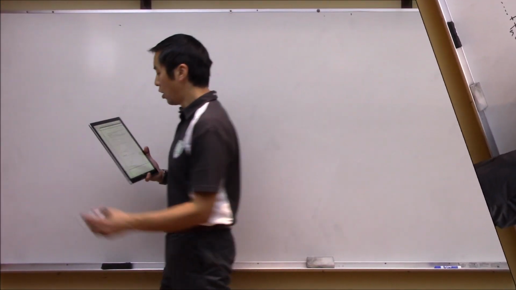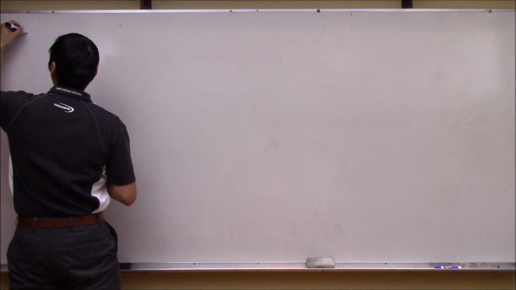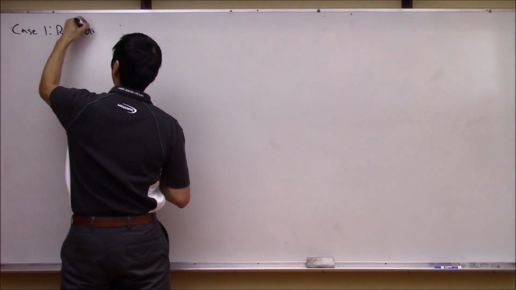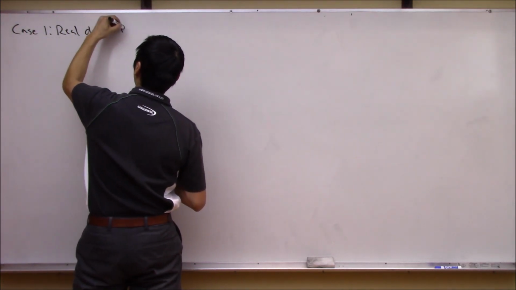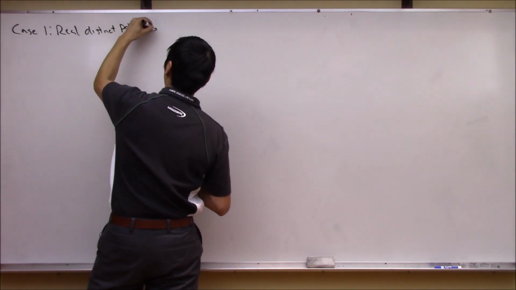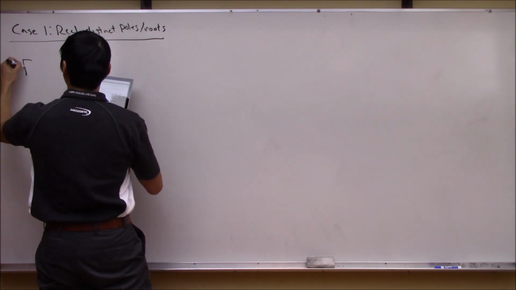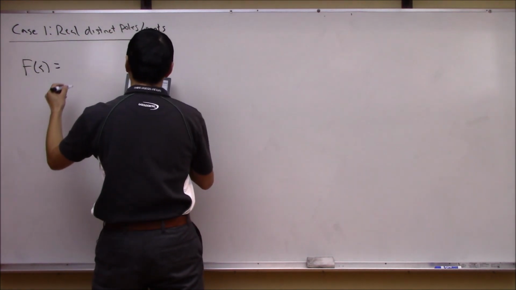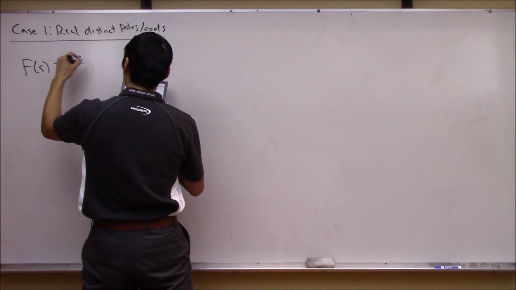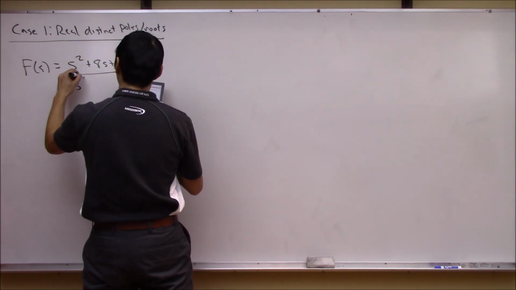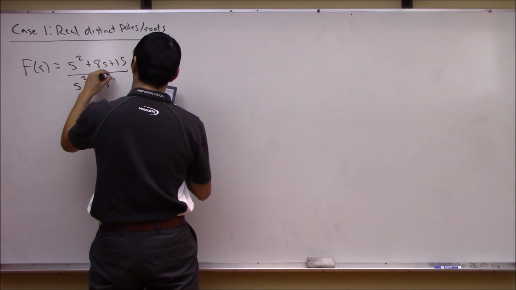All right, so if you remember, in our previous lecture, we looked at case 1, where you had real distinct poles, or roots, however you want to look at it. The example we examined there was some complex function F of s, and I think we used (s squared plus 8s plus 15) over (s cubed plus 3s squared plus 2s).